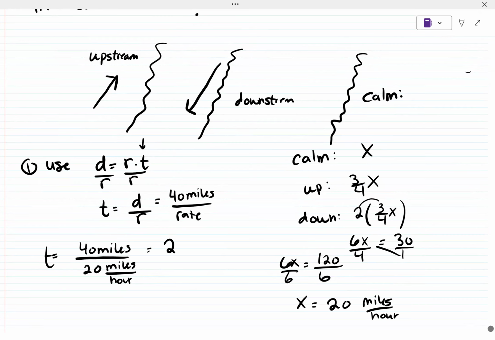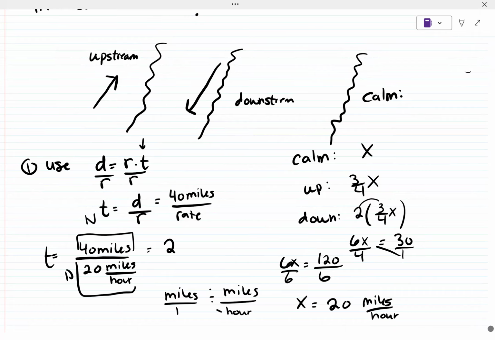How did this whole thing become hours? Because we kind of have a complex fraction. You have miles, so this is like your numerator. This is like your denominator, right? You have miles, and then over 1 divided by miles per hour.